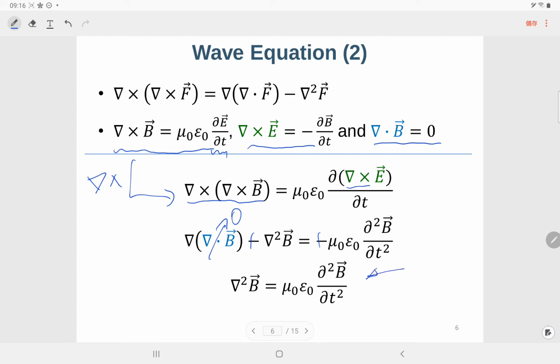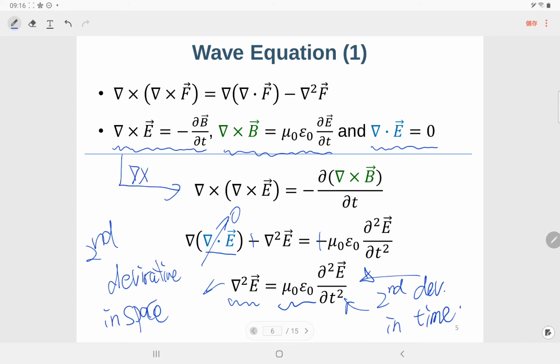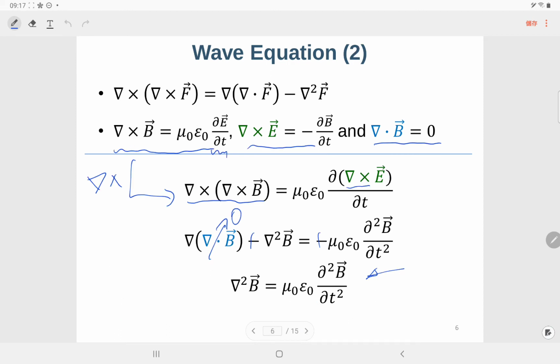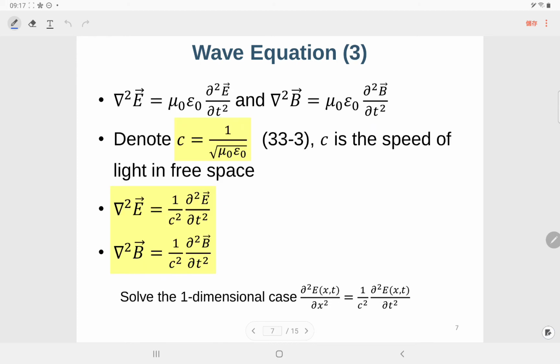It actually looks the same as this one; the only thing is we change E to B. So actually we have the wave equation for the E field and the B field.